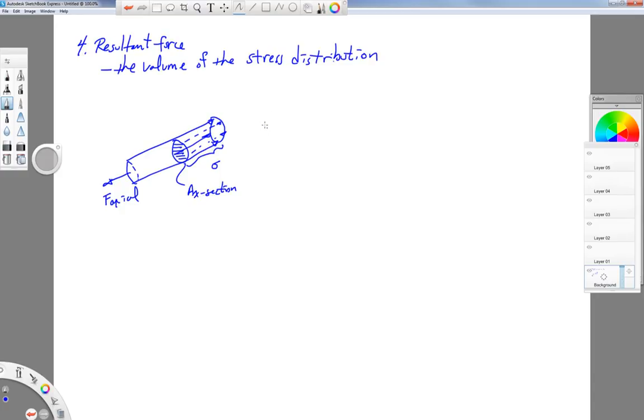The volume of a cylinder, in our example, is the area of the base times the height of the cylinder. For the stress distribution, this is the area of the cross-section times the value of the stress, sigma.